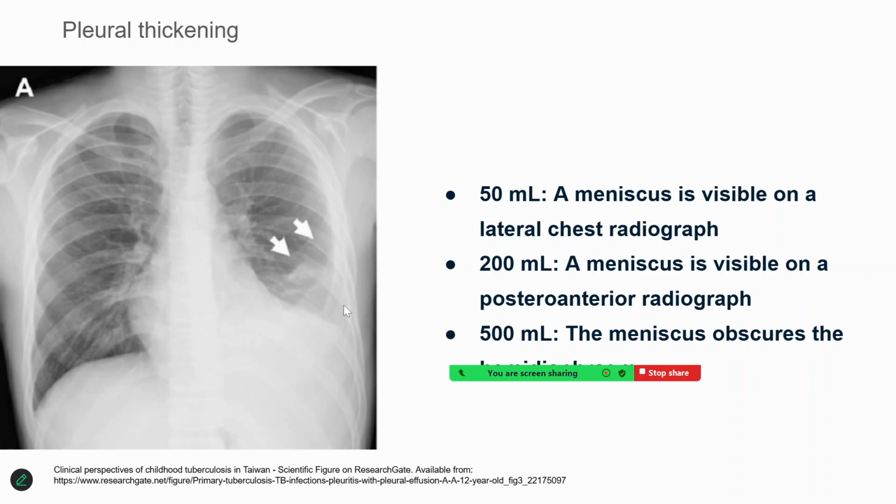In an anteroposterior X-ray, the smallest quantity which can be identified easily is 200 ml. So only if the fluid is up to 200 ml may a plain X-ray show obliteration of the costophrenic angle in the anteroposterior view. If it is less than that, it cannot be made out. So many times we may assess it as pleural thickening, not pleural effusion.